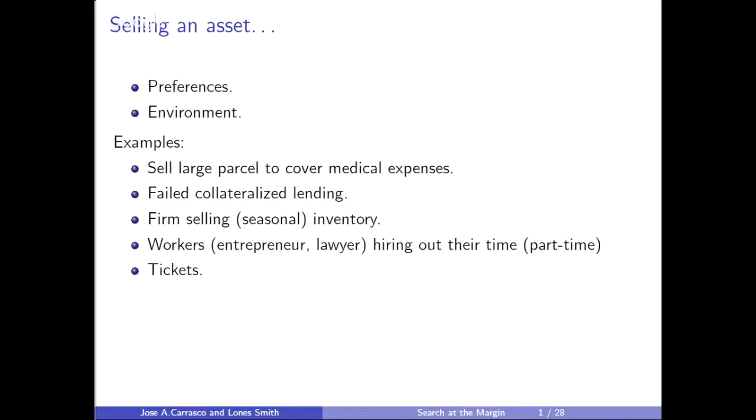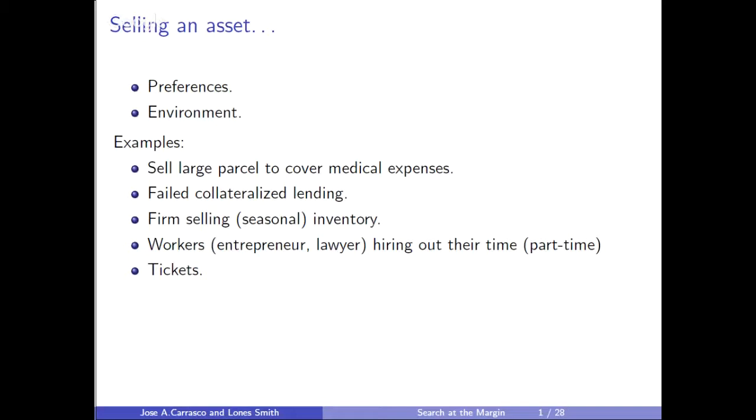Here are some examples of that. I'm sure you have more examples, but one of them is you're trying to sell a large parcel to cover medical expenses, or failed collateralized lending. This is a situation in which the lender finds himself with an asset that he doesn't really like, so he wants to sell it, okay?